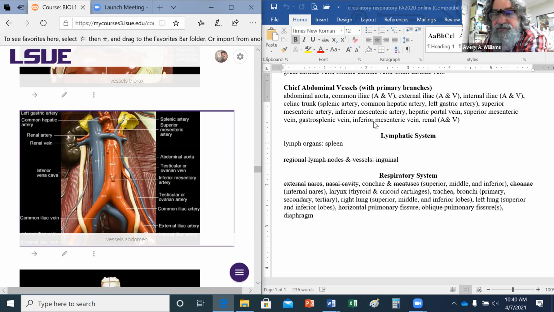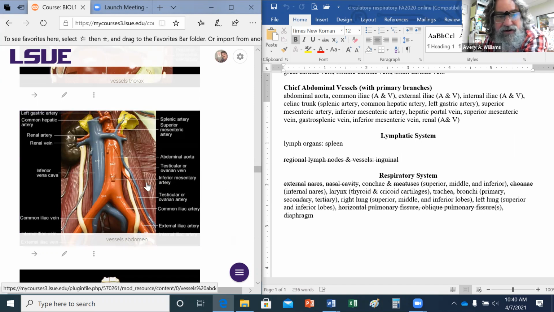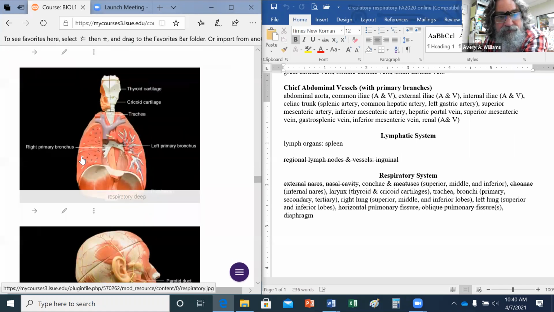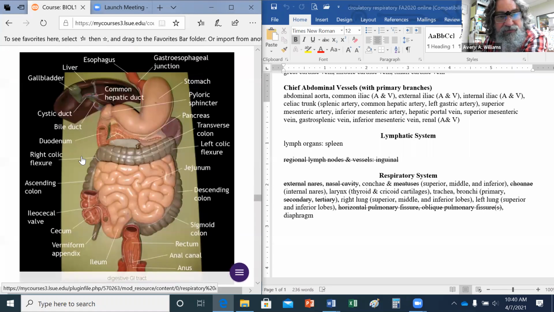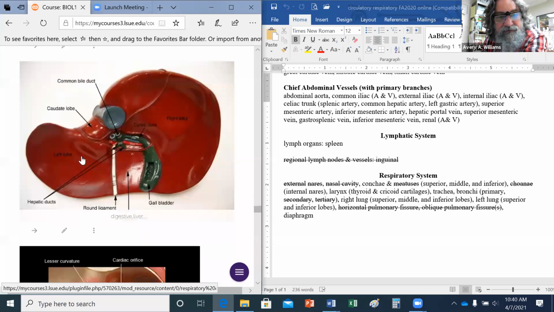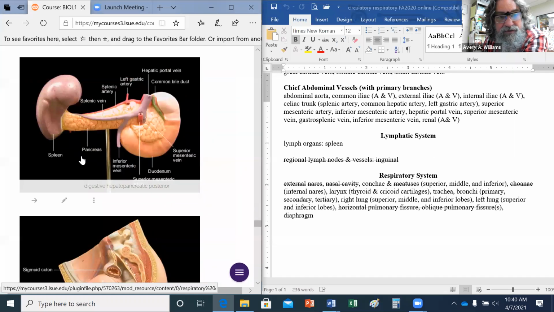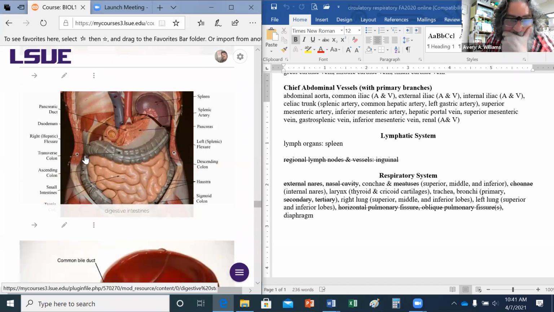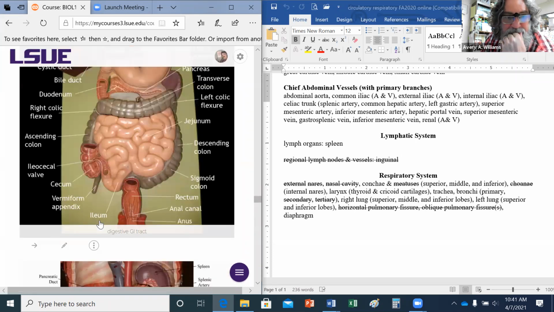and then that's that. The last thing I have are the renal A and V. Of course, renal, think kidneys, right? Here's your kidney, red one to the kidney, blue one to the kidney. Renal artery, renal vein, right there. Let me find some other kidneys somewhere else. I think that's the only place you can get kidneys going on.